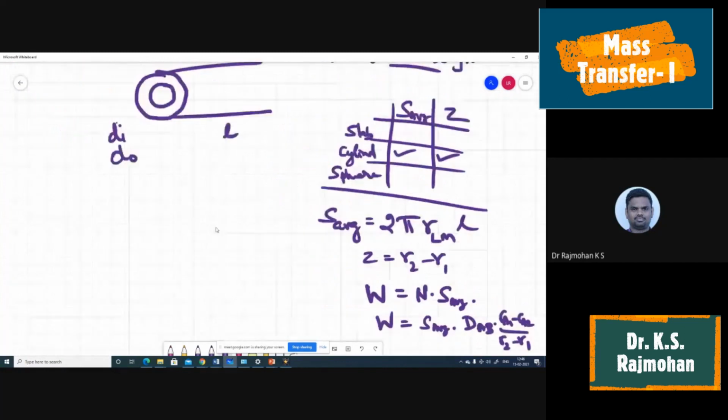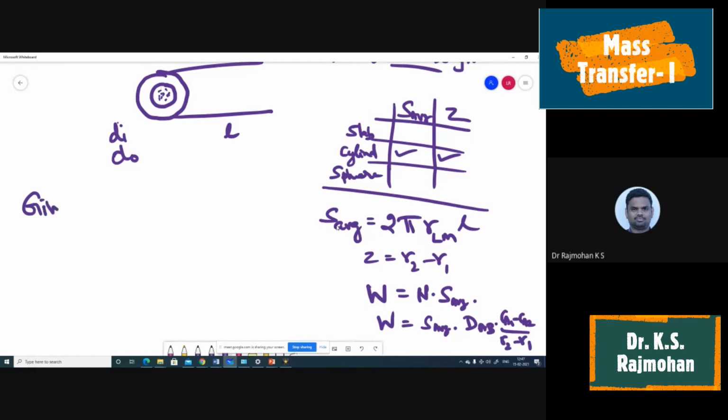So this is diffusion through solids. Here you have a cylinder, with hydrogen gas inside escaping to the atmosphere through the walls of the tube. Internal diameter is known, outer diameter is known, so you can substitute to get the W value. First write the given data.